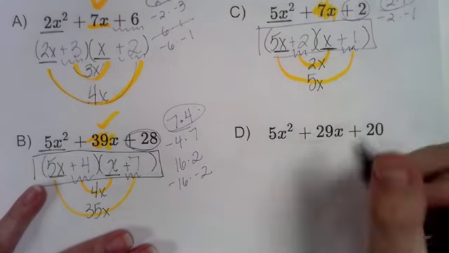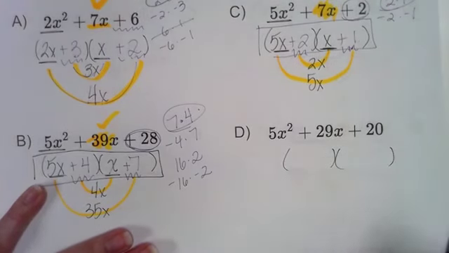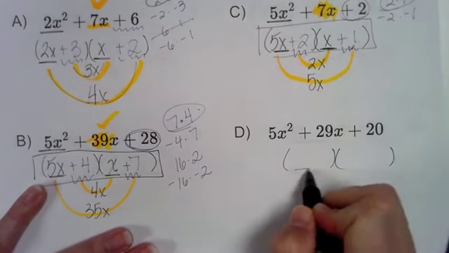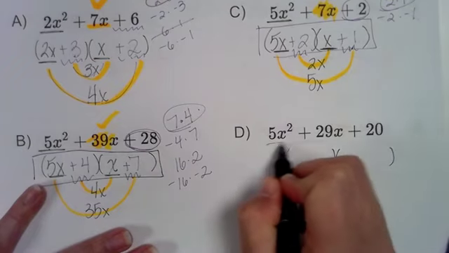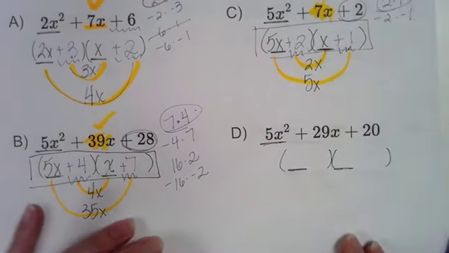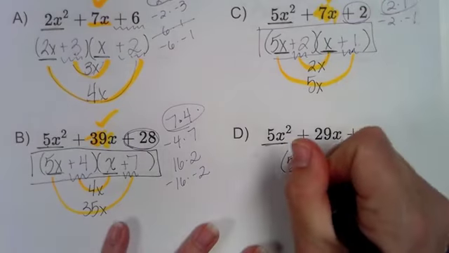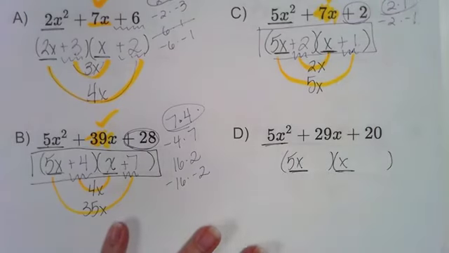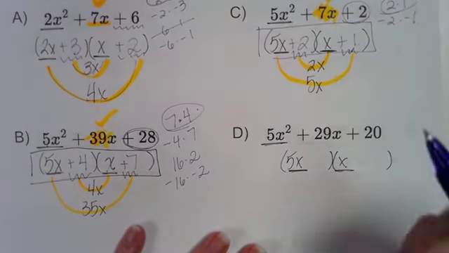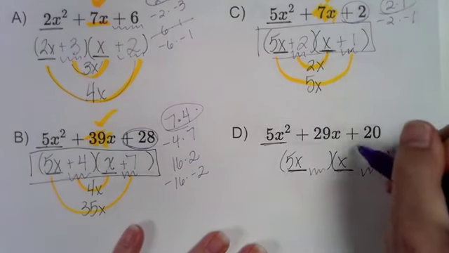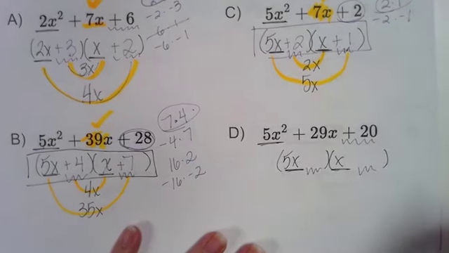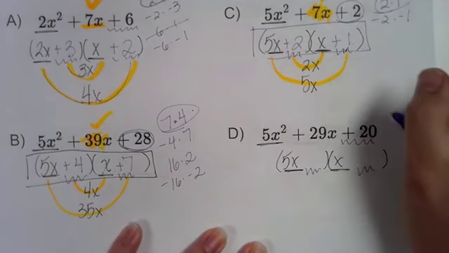5x squared plus 29x plus 20. Double bubble. First times first has to be the first thing. What times what is 5x squared? 5x times x. Then last times last has to be positive 20. What times what is positive 20? 2 times 10 or negative 2 times negative 10.